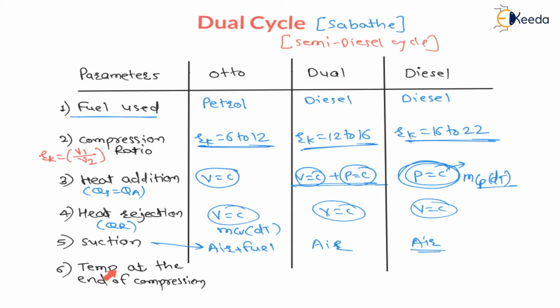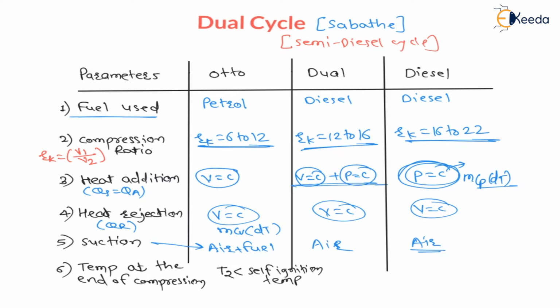The last parameter is the temperature at the end of compression. The temperature at the end of compression T2 is T1, the temperature at the beginning of compression, times Rk raised to gamma minus 1. This temperature we have to compare. For the Otto cycle, this T2 at the end of compression is less than the self ignition temperature.